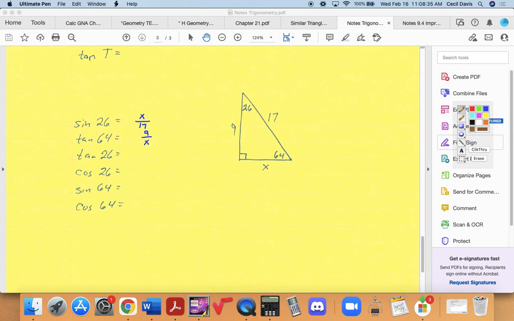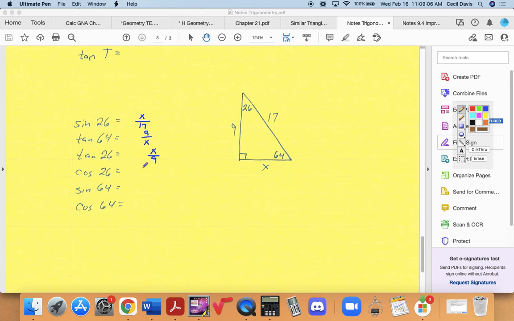All right, the tangent of 26. Opposite over adjacent again. From the 26, what's the opposite? X. And what's the adjacent? 9. Notice that's just the reciprocal of the previous one. That's always going to be true for tangents of these two angles. Cosine of 26. Cosine is what over what? Adjacent over hypotenuse.